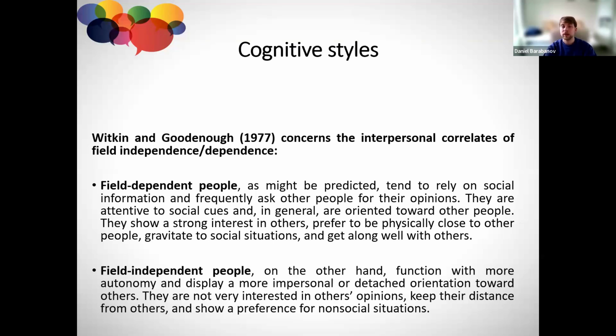It does not necessarily connect with extroversion and introversion, so please do not confuse it. Basically, because of how cognition works, some people rely more on the context, including social context, while other people show more autonomy. One style is not better than another, they're just different and allow people to perform well in different types of settings and situations.